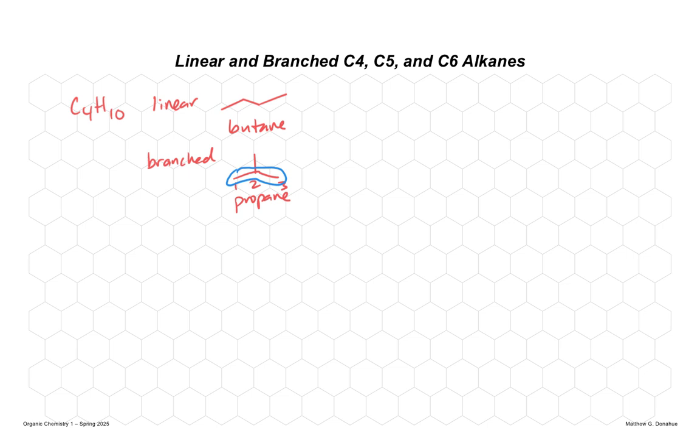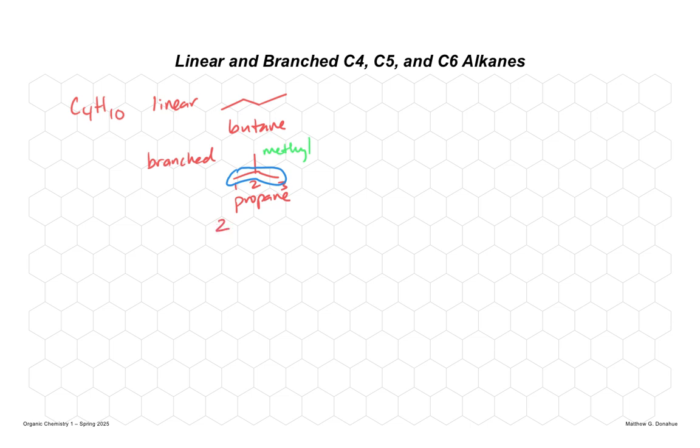You count it, it's 1 carbon. So 1 carbon is methane, but because it's a substituent, it's now called methyl. So on carbon 2 we end up with a methyl group.